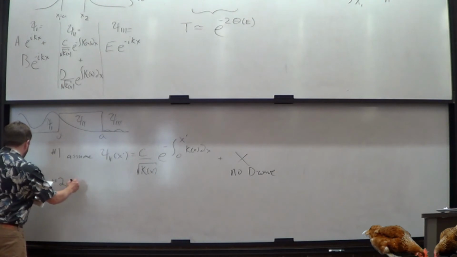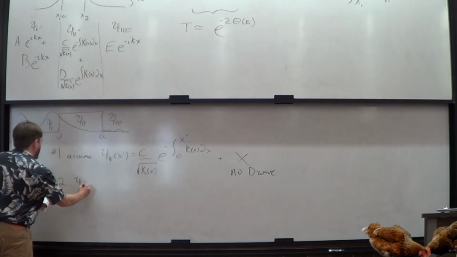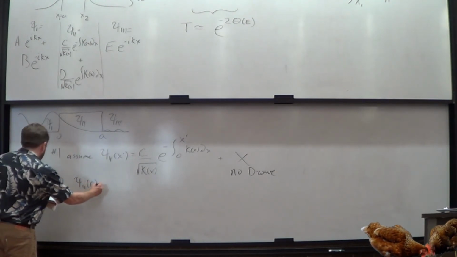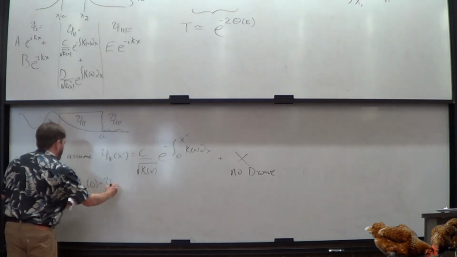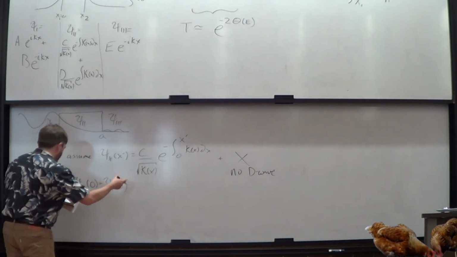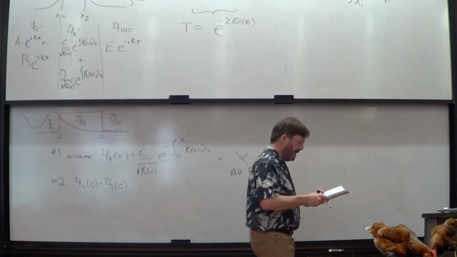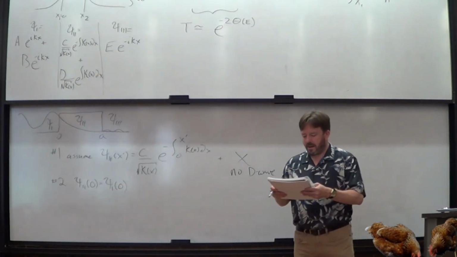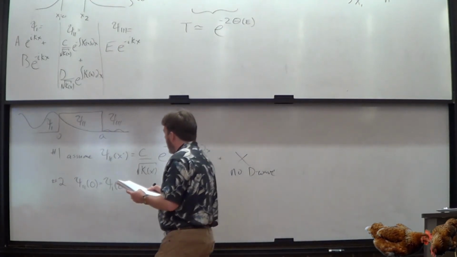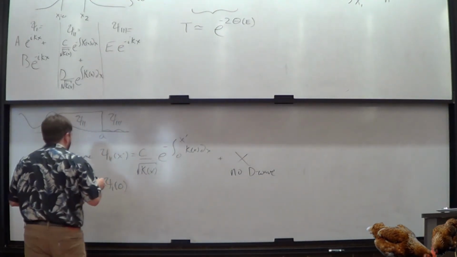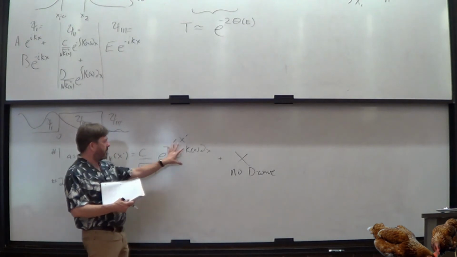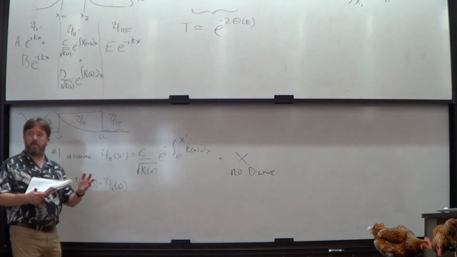Okay, now the second thing, and this is not an assumption really: the wave function in region 1 at 0 has got to be equal to the wave function in region 2 at 0. That's continuous, right? The wave function has to be continuous. Now, what that means is that this integral will integrate to 0.